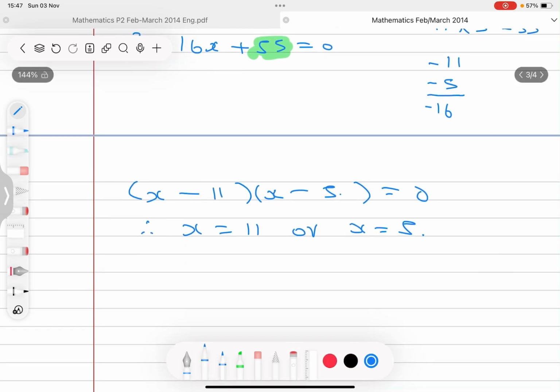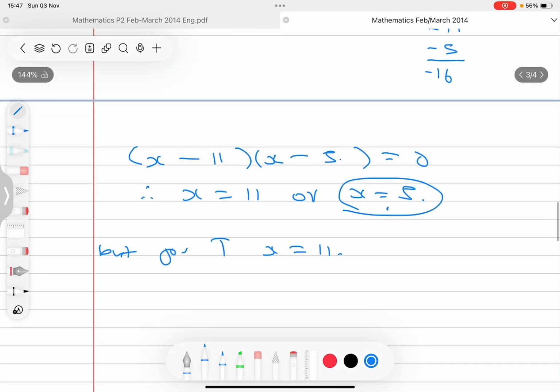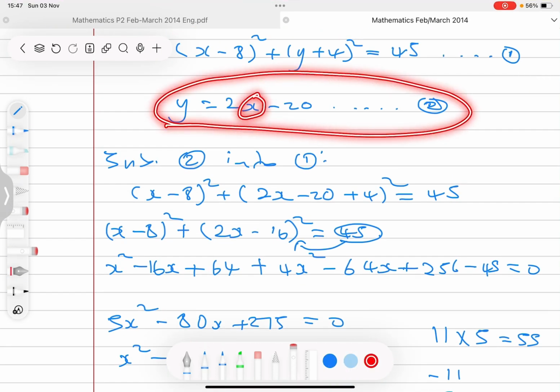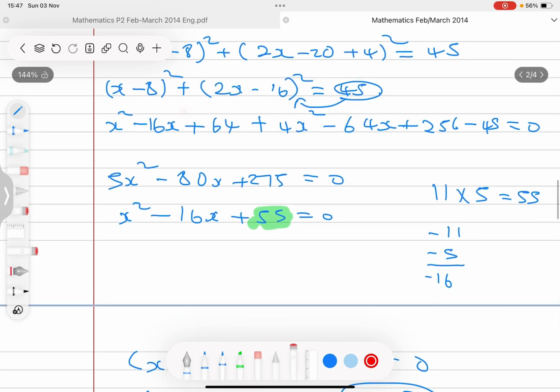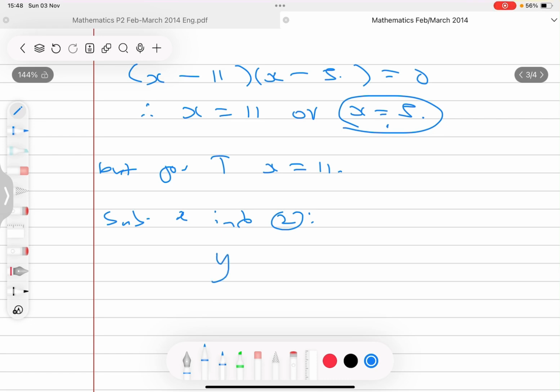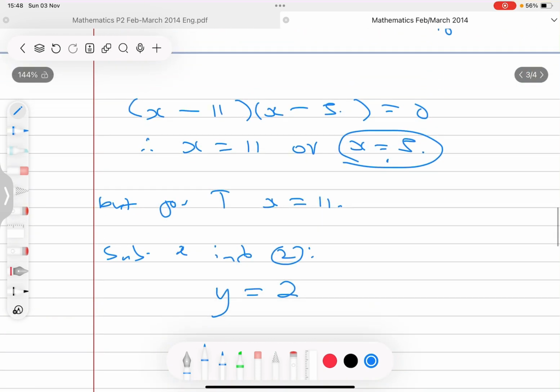So we will say here, for t, x is equal to 11. So 5 is not our answer for this specific question that we're looking for. Now, to get a point t, it means we then have to go to this equation 2. Here, we put the value of 11, and we find the value of y. So at this stage, I'll say, substitute x into equation 2, so that we have y is equal to 2x minus 20.